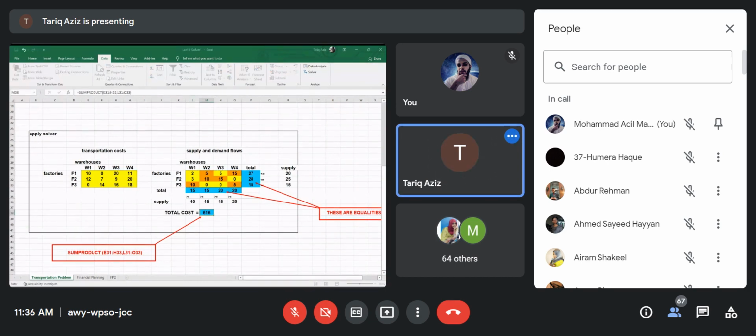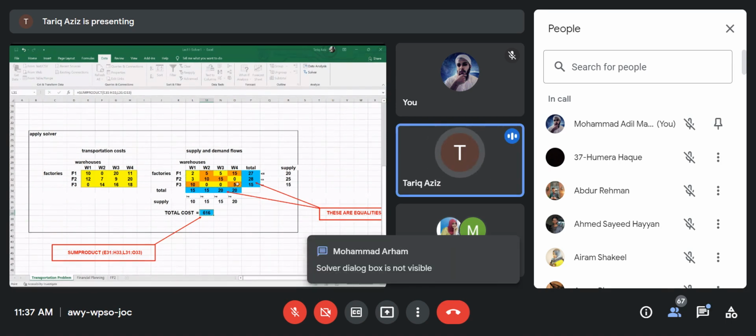Let me delete it and then again select this cell. So you have to select this matrix because to arrive at the optimal solution or the minimum cost, some values have to be changed, and we are keeping the cost constant. So the other input in the calculation of the total cost is the number of units that should be transported from different factories to different warehouses. So we are asking this software to change these values to arrive at the minimum total cost.